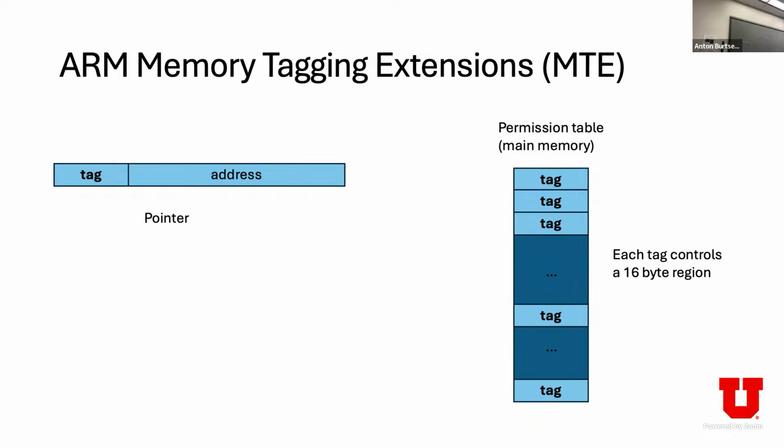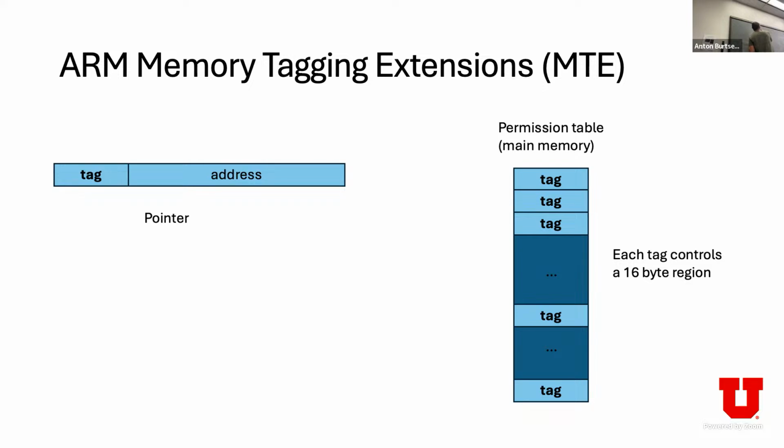And each tag controls a 16-byte region. Essentially, let me draw it differently. If this is your virtual address space, imagine there is entry number 0 and entry 16 bytes, right? There is somewhere a table hidden from you in memory as well. And this first entry controls the tag for this address, so it's a one-to-one correspondence. If this is 55, there will be entry 55, which will control the tag.